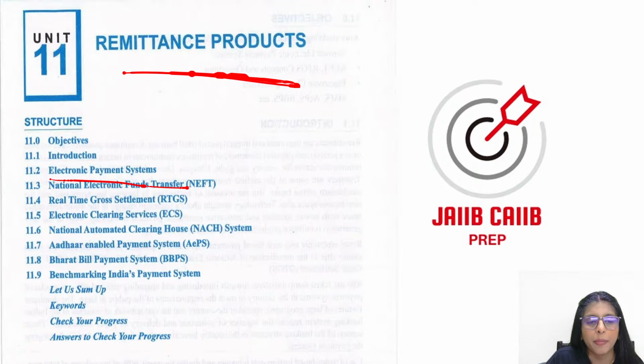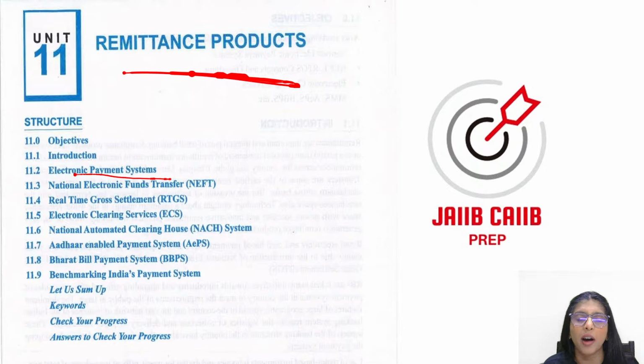Electronic payment system. An electronic payment system is a method of transferring money digitally between individuals, businesses, corporations or institutions without using physical cash or paper cheques. It enables fast, secure and convenient financial transactions using electronic devices such as computers, smartphones and payment terminals.